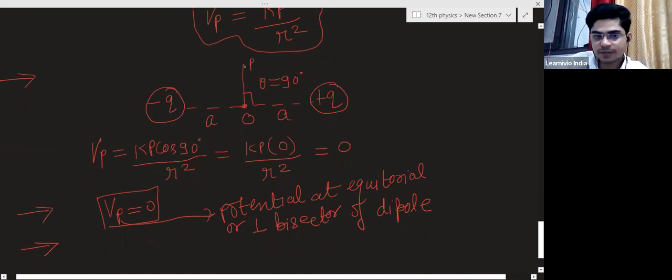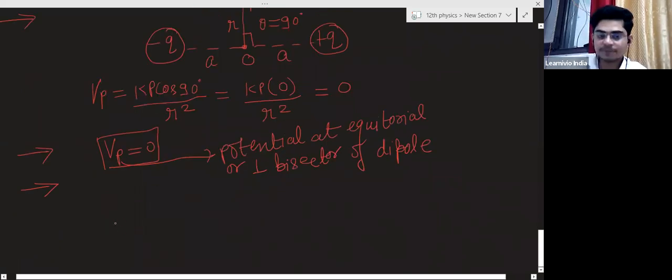If we draw a straight line to this point, and this is the distance r, this line will divide the dipole length into two equal parts. Okay, so that is why it is called a perpendicular bisector. What is the meaning of perpendicular bisector? Suppose this is a line of length 2l.